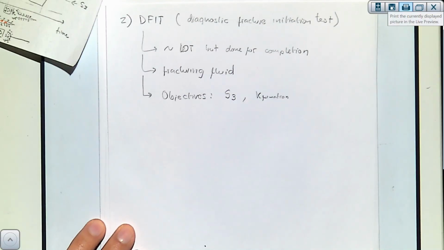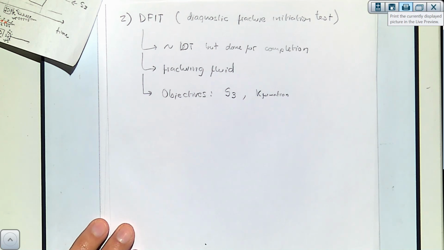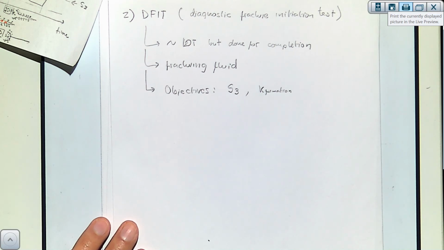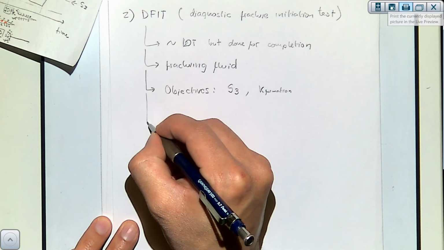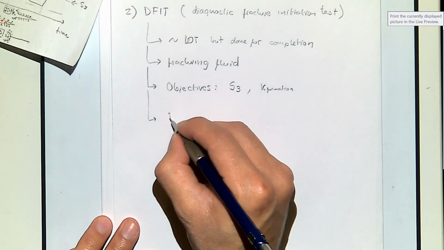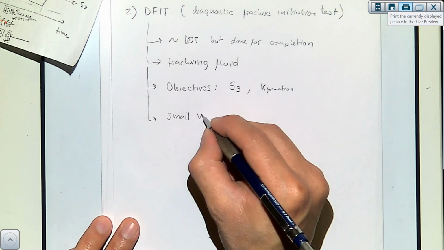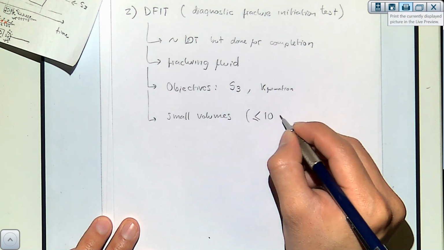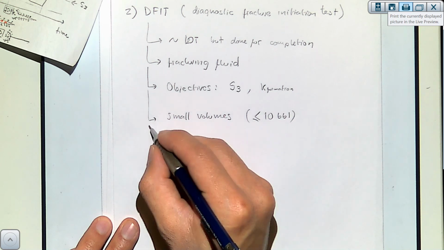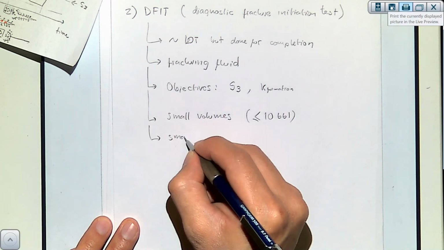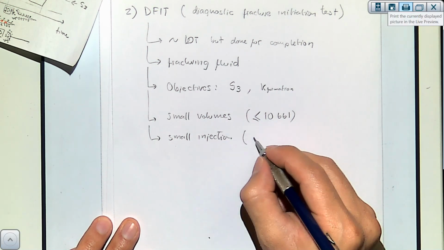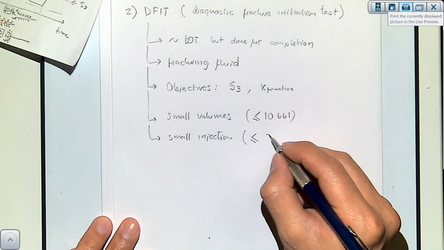In order to get to the permeability of the formation, it's a little bit more complicated, but the mechanics is similar to the previous one, though there are more advanced methods for that. Okay, so let me just finish with this. One more minute, guys. The DFIT test usually involves small volumes of fluid, usually less than 10 barrels, and also small injection rates, particularly taking into account that we are targeting tight formations.